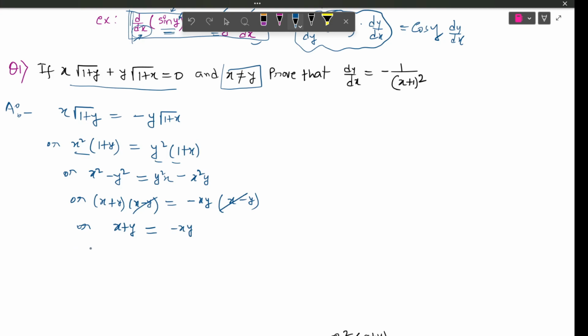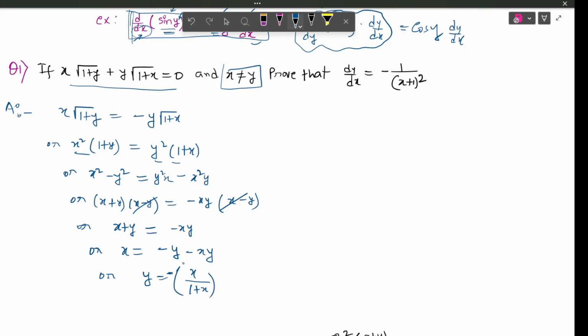Okay. So x is equal to minus y minus xy, or y equals, taking y common from here, y equals minus x by 1 plus x.